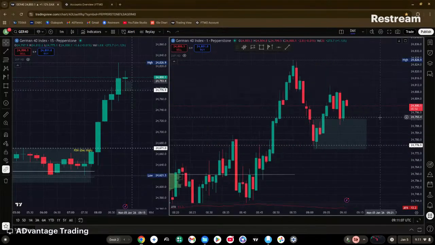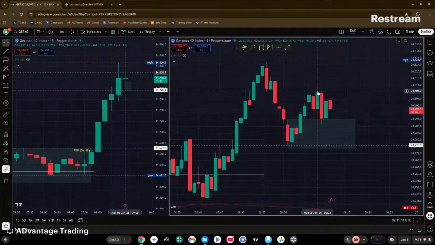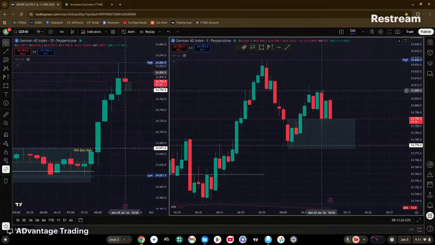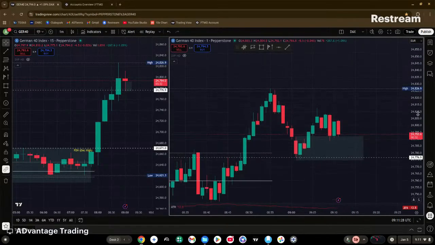So what happened there is I entered on the close of this candle here, and then I moved stop loss to break even on the close of this candle here, because we came down and retested our entry and then moved higher. So once we moved here, I thought any further move down, I want to be out of the trade.